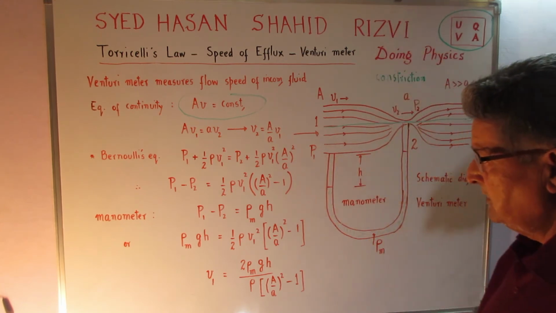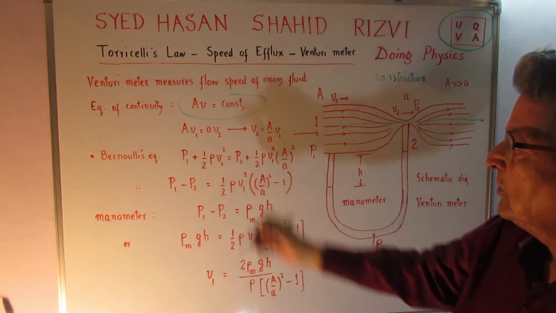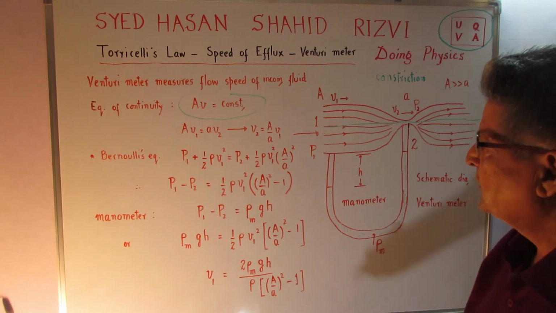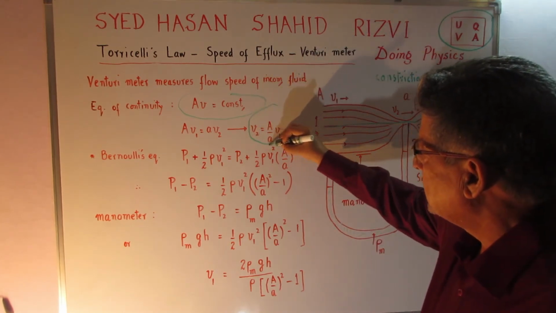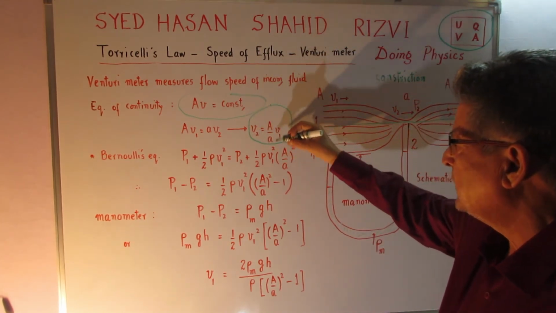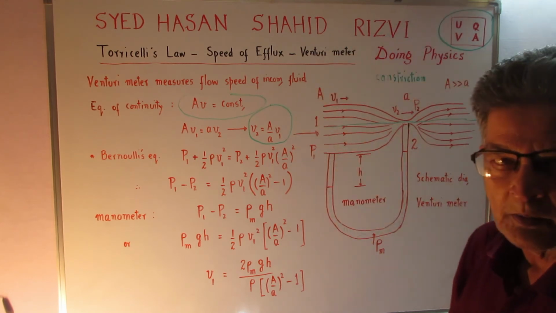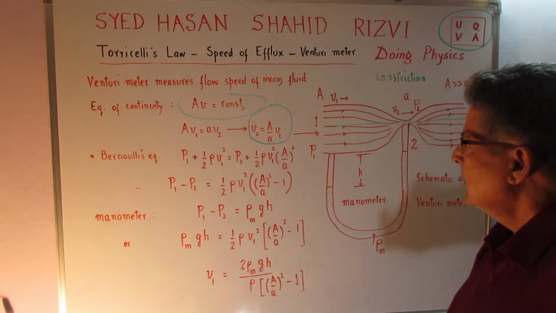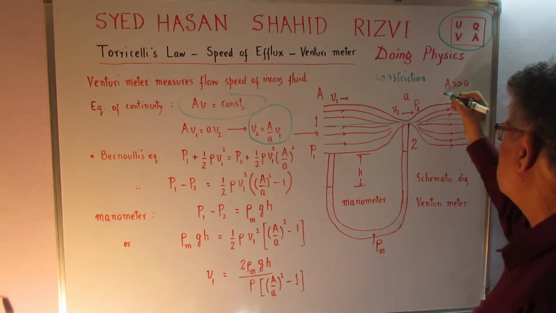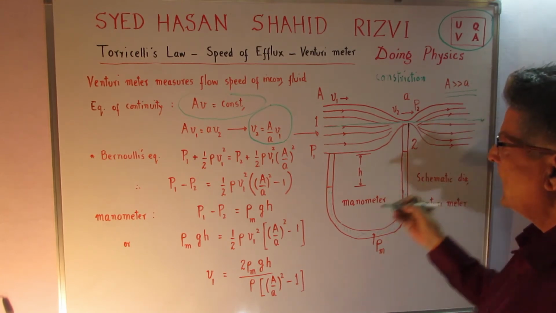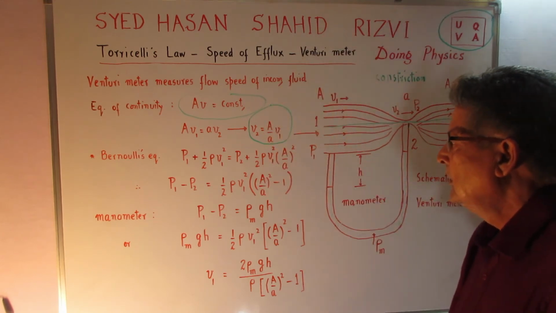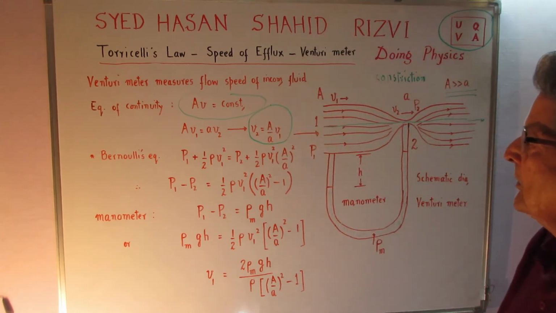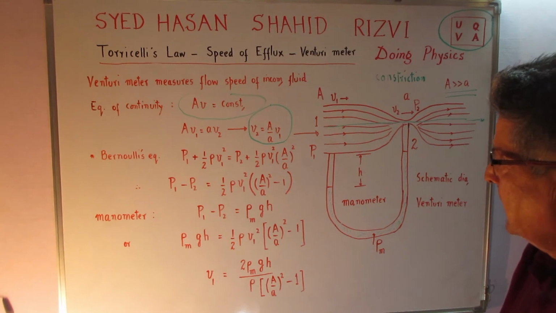The beauty of the equation is AV is equal to constant. So I can write that A1 V1 is equal to small a V2, which gives the value of V2 as equal to capital A upon small a into V1. Capital A is very, very large as compared to small a, and therefore this quantity becomes very large.